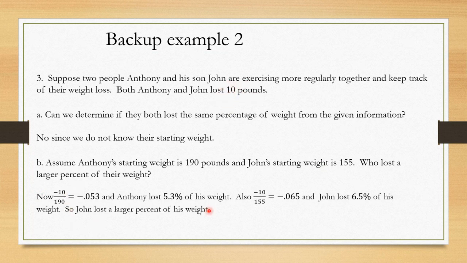But the starting value is what their weights started at. So Anthony started at 190 pounds and lost 10. His absolute change, ending weight minus starting weight, is minus 10, and his starting weight was 190. Same thing with John, except his starting weight is 155.